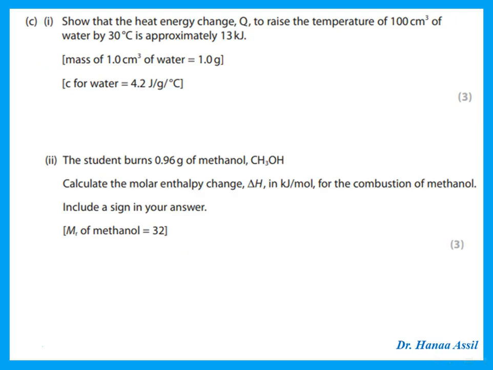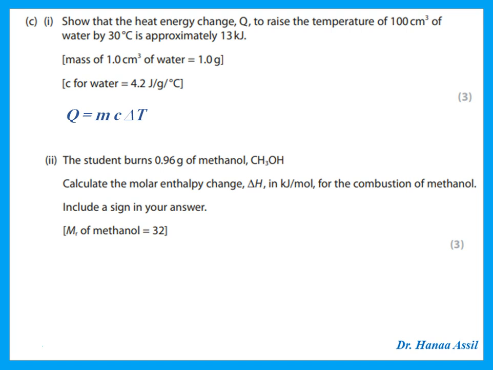Show that the heat energy change Q to raise the temperature of 100 cm³ of water by 30 degrees Celsius is approximately 13 kilojoules. So basically he's telling you to calculate Q. How do we calculate Q? You should know that Q is mcΔT.